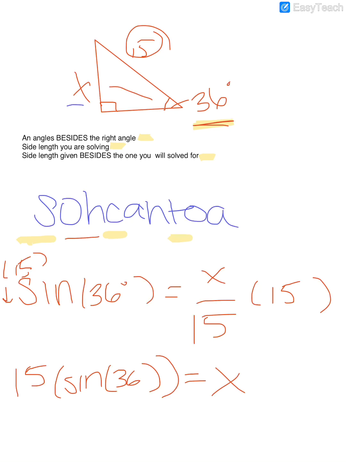But those are the basics of trig, and I'm just going to summarize really quick. Remember that you can only do trig with a right triangle, but the angle that you are using while solving for trig is not the right angle, it is the other angle that is given to you.